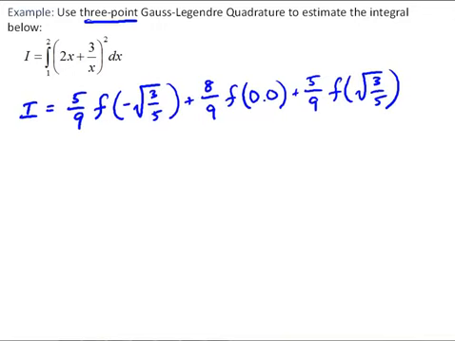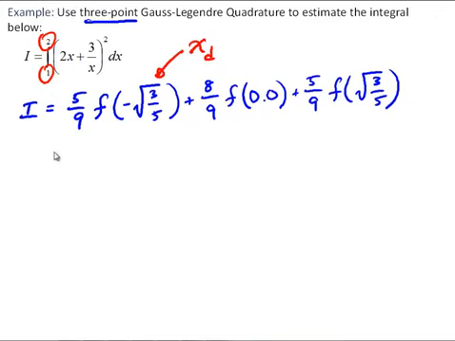So that's our formula, but we can't just plug in the square root of 3/5 here because the limits are from 1 to 2. And remember, this is going to be our shifted xd variable that we plug in. So we need to figure out this new equation in terms of xd. To do that, let's set up that linear system.